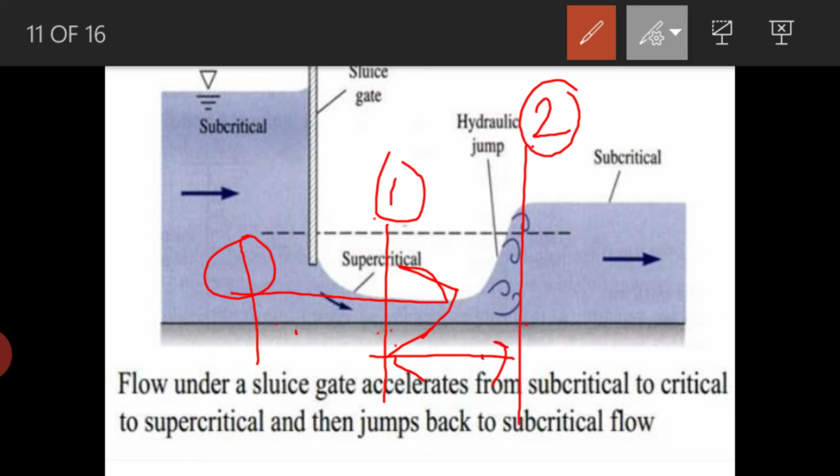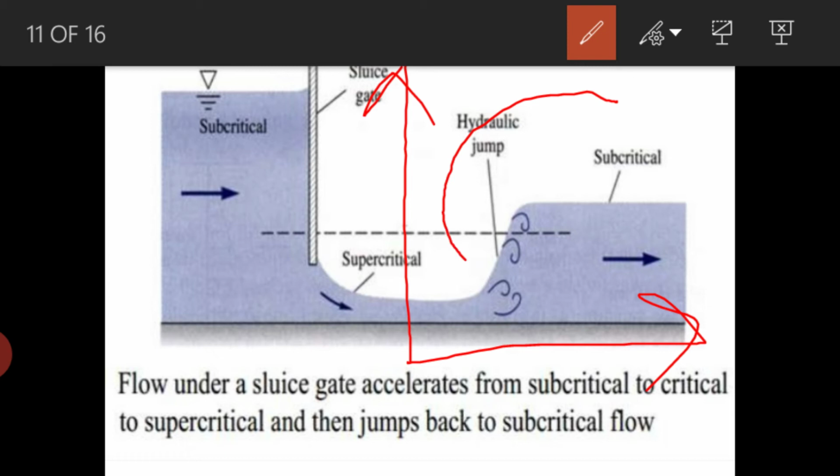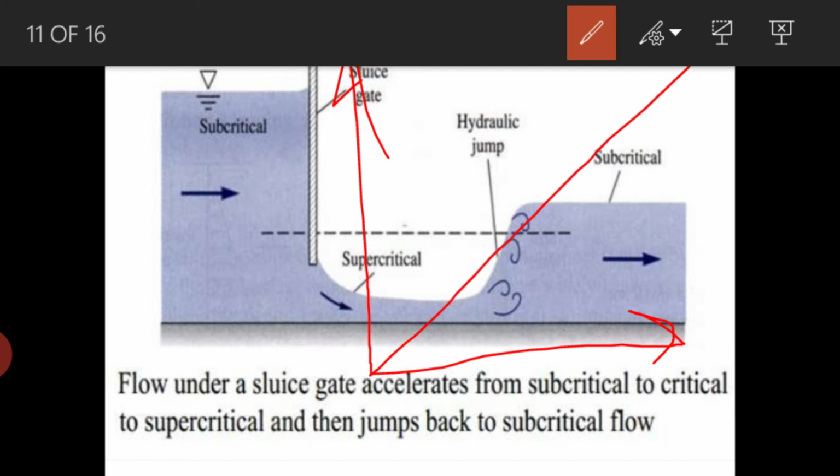So this we have studied in the energy curve. When we drew this, you might have studied this curve. One curve was passing, that is the energy concept. This is one more curve, the resultant of the two, and at that one particular point we were getting the minimum energy.